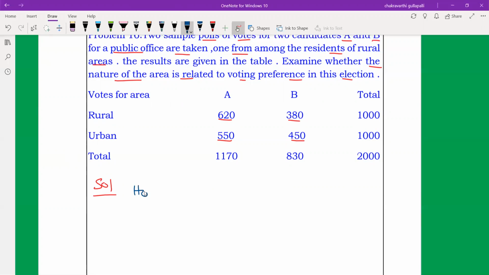First of all, set up H0. Voting preference and the nature of the area.